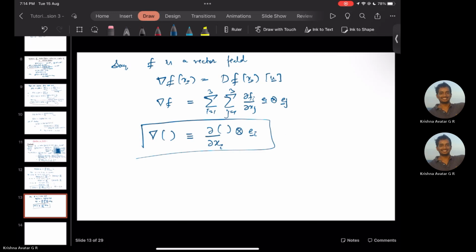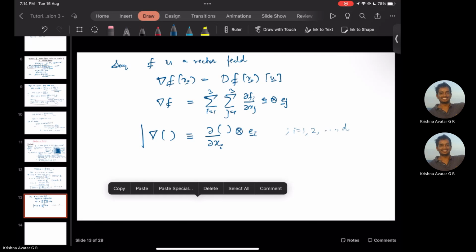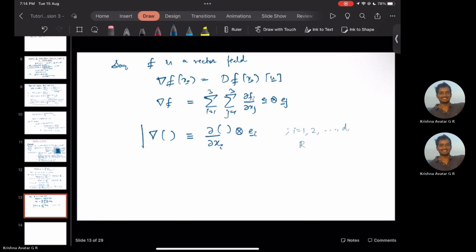Now here i can be equal to 1 till d. So here d simply indicates the dimension of the grad operator.